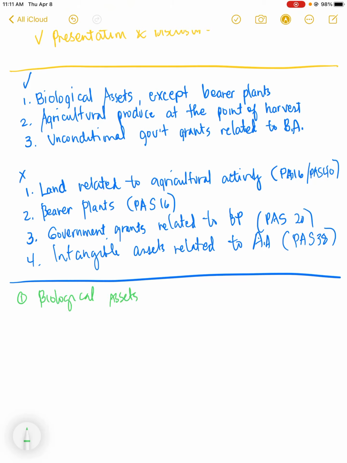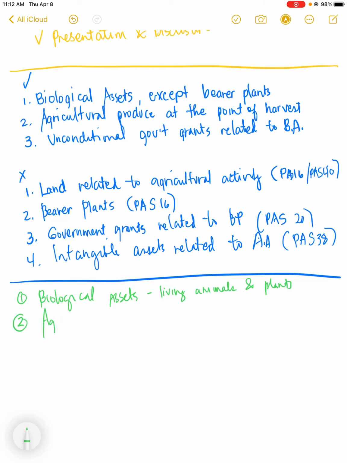Okay, so pag sinabi po nating biological assets, ito po yung mga living animals and plants. Living animals and plants, we have our sheep, we have our sugarcane plant, we have our pigs, dairy cattle, and among others.